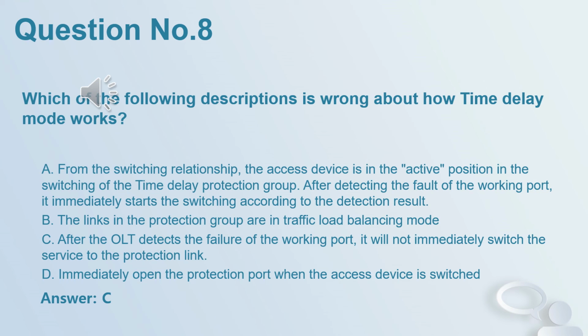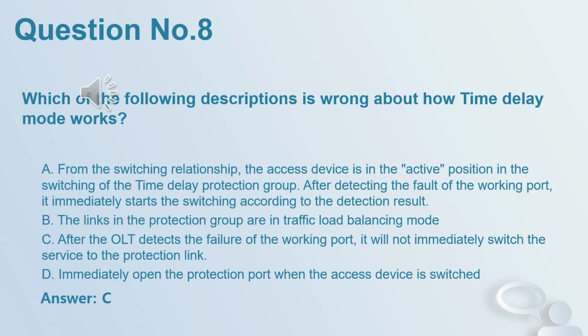Question number 8. Which of the following descriptions is wrong about how time delay mode works? A. From the switching relationship, the access device is in the active position in the switching of the time delay protection group. After detecting the fault of the working port, it immediately starts the switching according to the detection result.